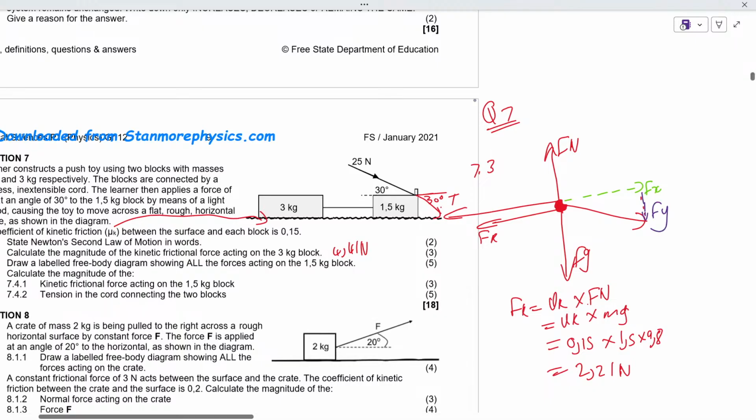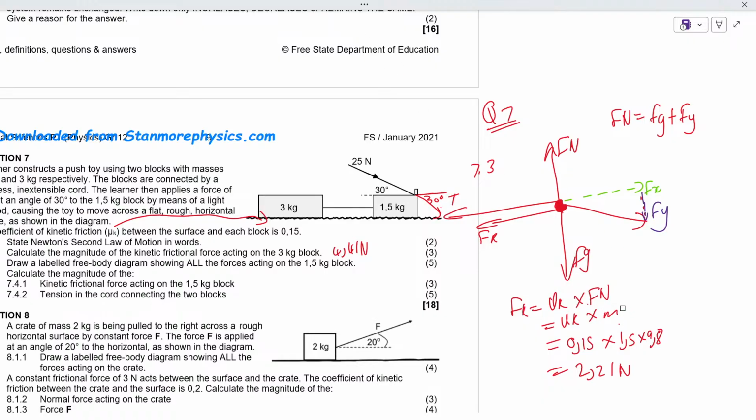So now, looking at that, forces are balanced with respect to the FN. Your FN will be equal to FG, oh no, it's not minus, it's going to be plus FG plus Fy, because forces going down will balance the ones going up.